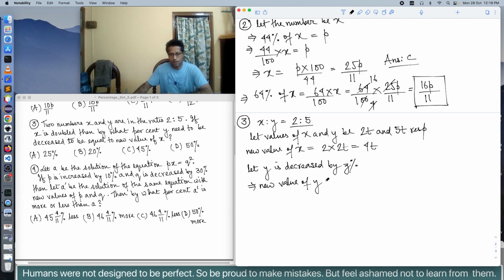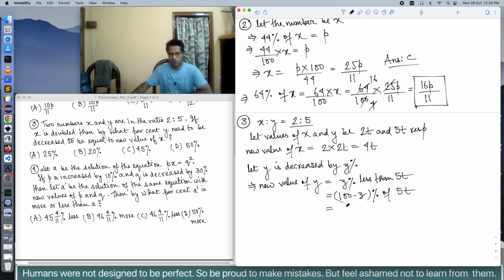Now let Y be decreased by z%. This implies the new value of Y is equal to z% less than Y. Y means we have assumed the value of Y to be 5t. Now z% less means 100 minus z% of 5t.